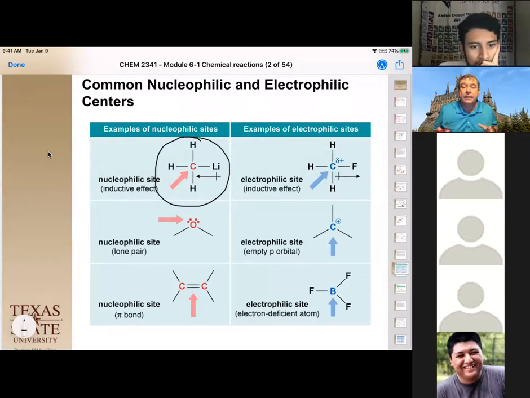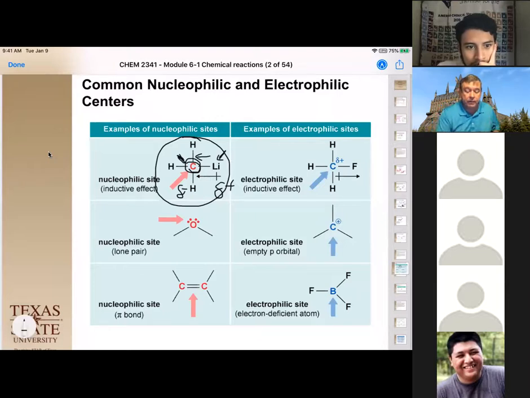The reason it's acting as a nucleophile is that it's more electronegative than the lithium, meaning it's a polarized bond. So the carbon here is partially negative and the lithium is partially positive because it's a polar bond. Okay, so there's more electron density on the carbon, therefore it is a nucleophile. It is looking for a positive charge because it has extra electron density.